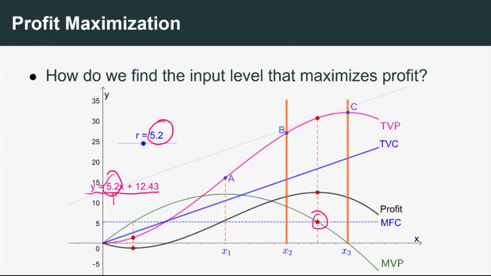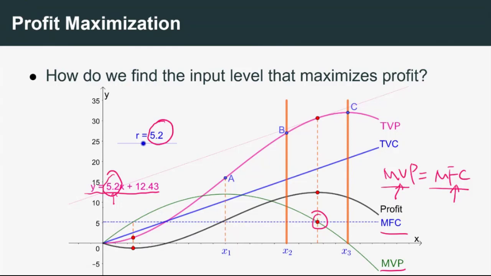And if we translate that to the relationship between MVP and MFC, it is actually MVP equals MFC. So again, profit is maximized when MVP is equal to MFC, and also when the slope of TVP is equal to the slope of TFC.